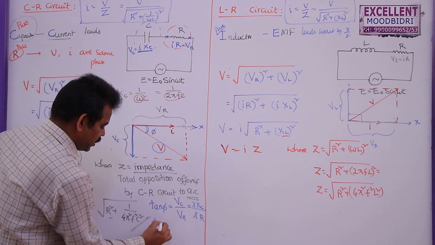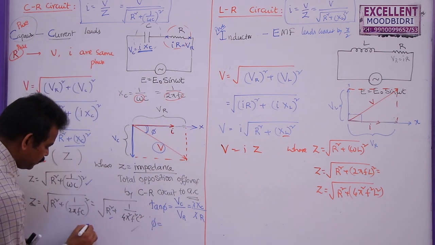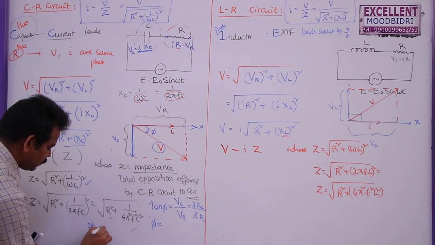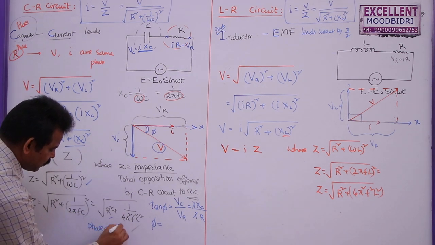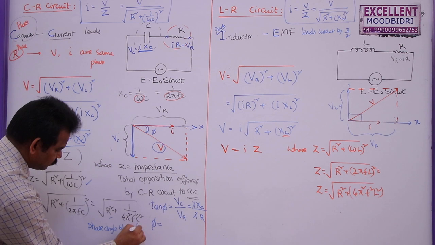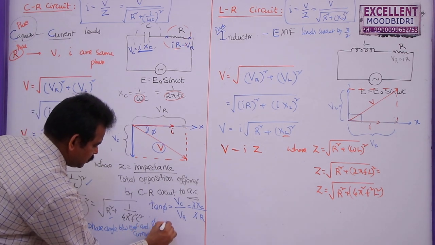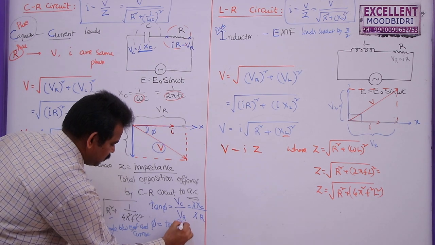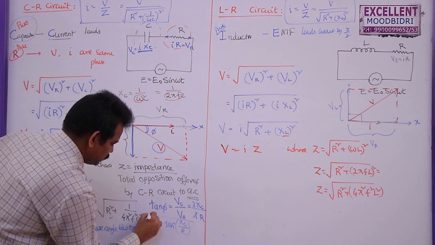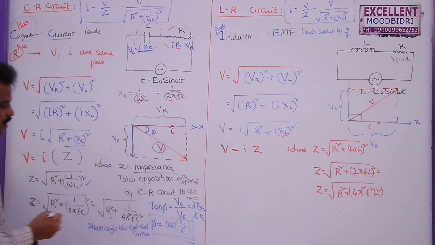So the phase angle between EMF and current is tan inverse of XC by R. So this is the phase angle here.